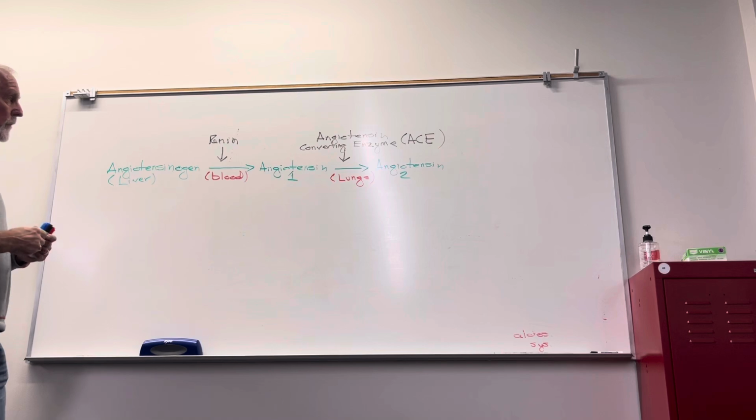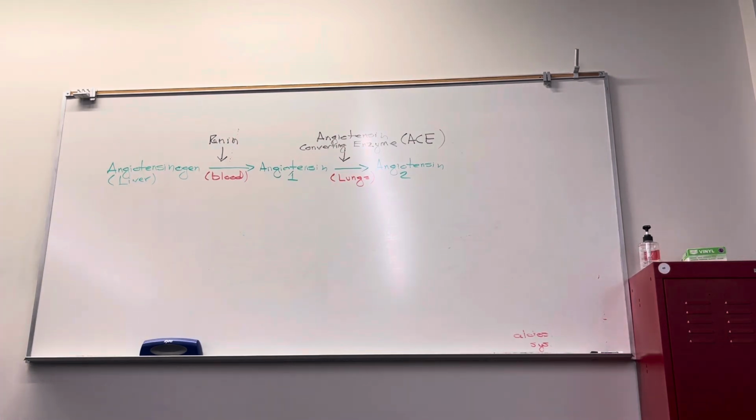And angiotensin 2 will then act on the adrenal gland and cause it to release another hormone known as aldosterone. Remember, here, the number of sodium ion channels is under the control of aldosterone.